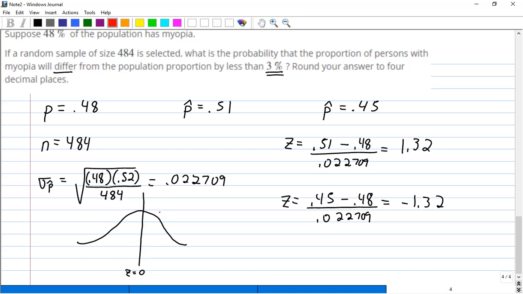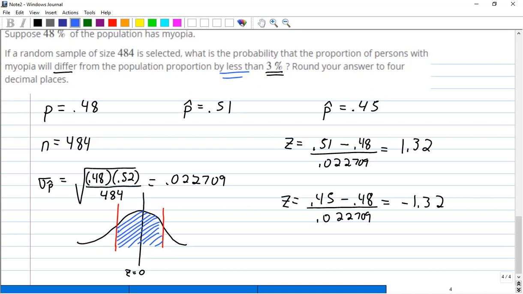Let's say this is 1.32 standard deviations to the right, and this is negative 1.32 standard deviations to the left. What we're looking for, since it will differ by less than, is the percentage between the two, or the area between the two. That will give us our answer. If we figure out the area, we figure out the probability.